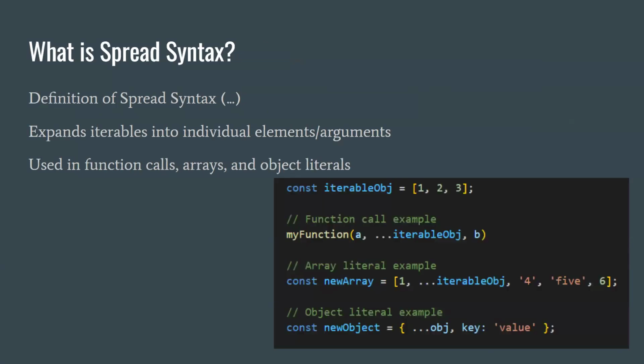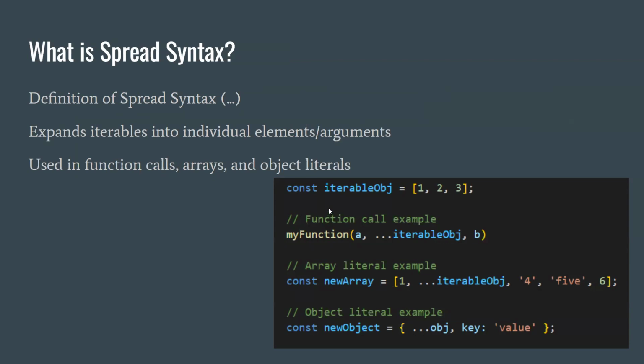What is spread syntax? So let's dive deeper into what spread syntax is. In its essence, spread syntax allows us to spread out elements of an iterable, such as an array or a string, into individual elements.